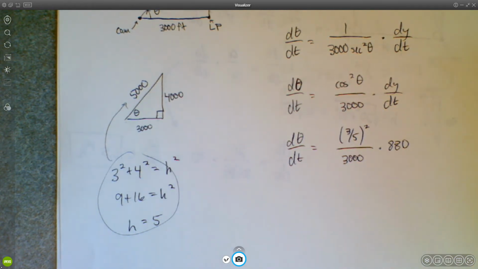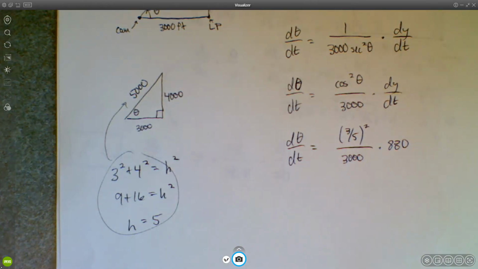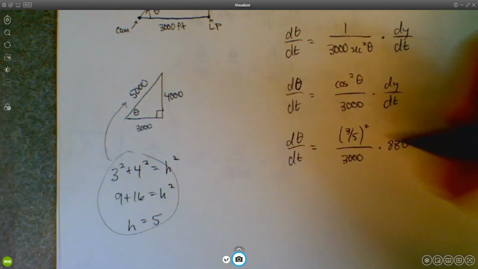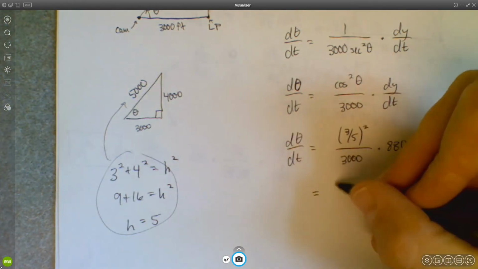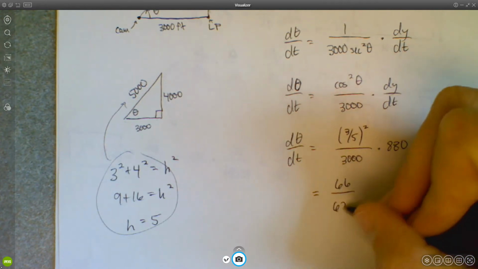So I'm going to pop that into my calculator. We've got 3/5 squared over 3,000 times 880. That comes out to 66 over 625.